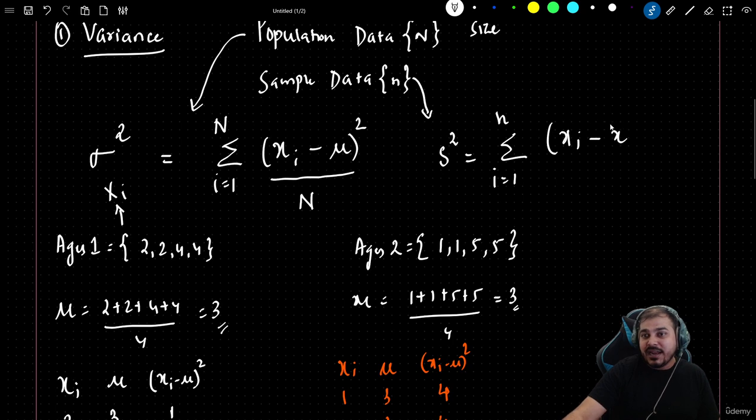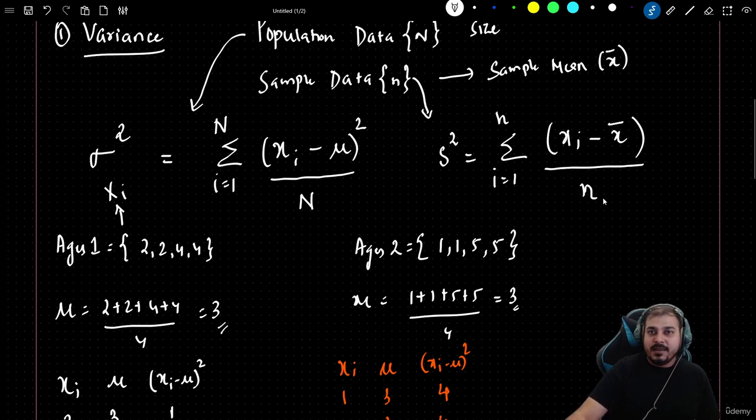Instead of writing mu, here I'll write x bar, because in a sample, the sample mean is given by x bar. This will be divided by small n. Now there is one minute change that I really want to make. Instead of writing small n, I will write n minus 1.